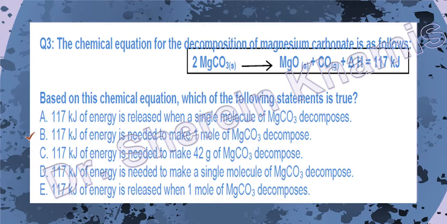We take this energy depending on the product we take out. We have MgO, that depends on our product. We take 117 to make 1 mole of MgCO3 decompose. Okay, let's go to question 4.